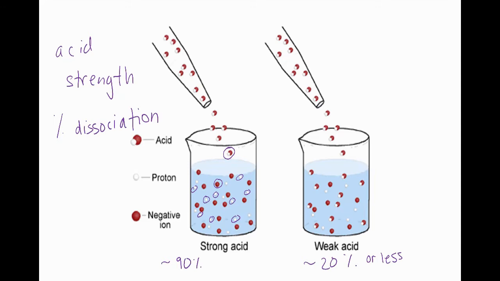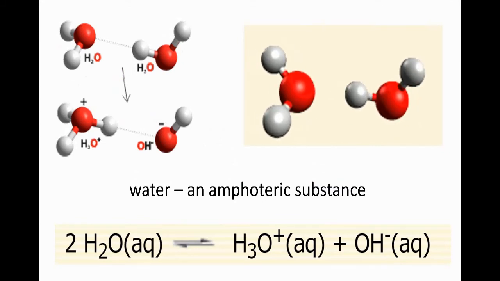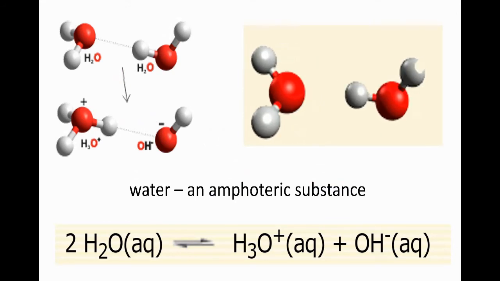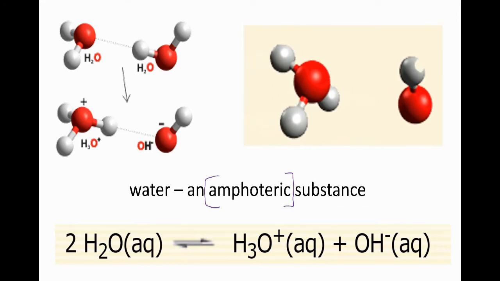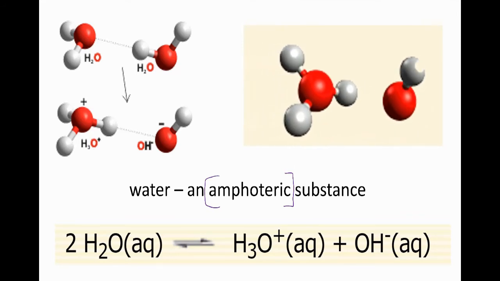Now, right quick, what's really interesting about water is that it can act as both an acid and a base at the same time. And so the term we use for that is what's called an amphoteric substance. For example, you may have heard of someone being ambidextrous, which is where they can use their right and left hand interchangeably.